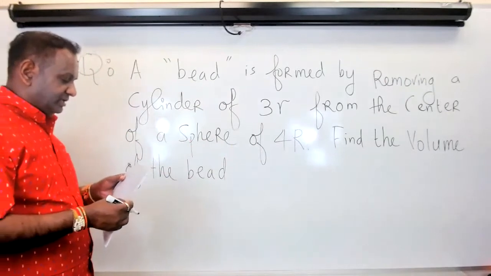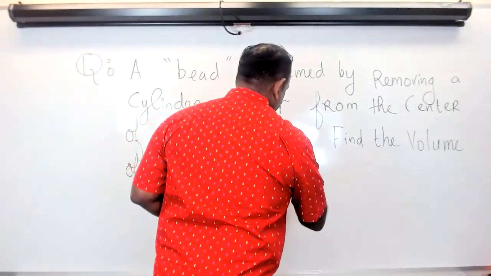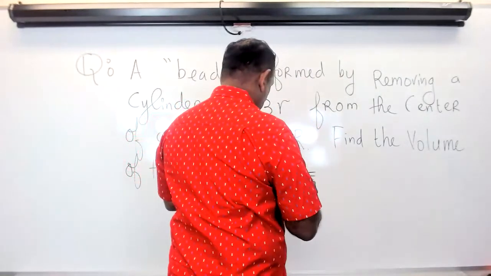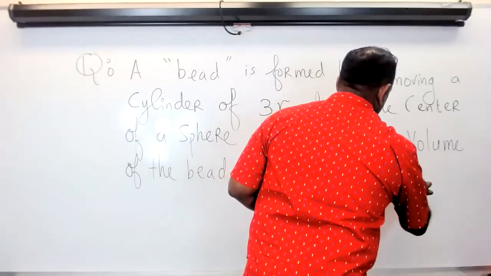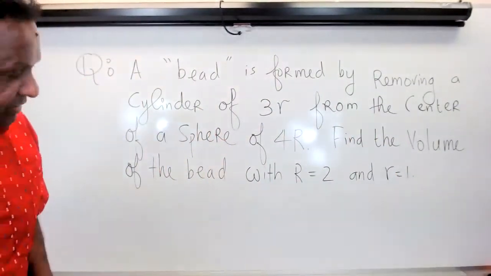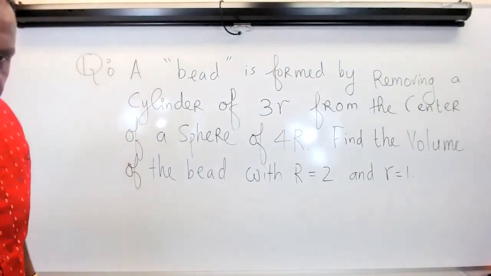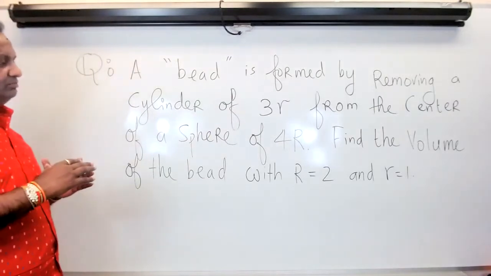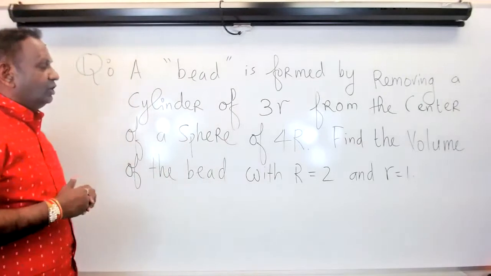Bead with capital R equals 2 and simple r equals 1. See, this is how the question reads. It's a little bit trickier than the standard questions.